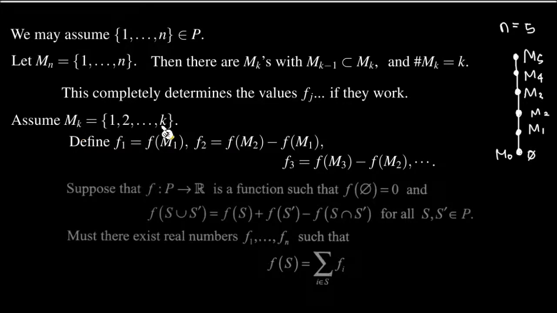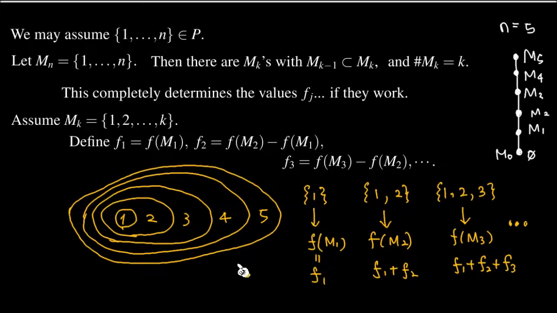With that simplification, I'm going to define those fj values in the following way. F1 is the function value f of m1. F2 is the difference of these two function values, f of m2 minus f of m1. F3 is the difference of these two function values, and so on. F5 is f of m5 minus f of m4 in this example.